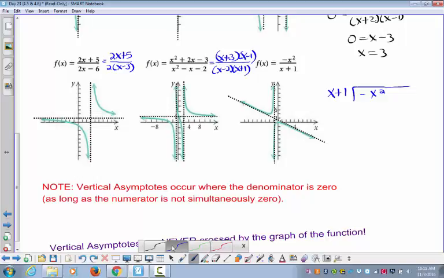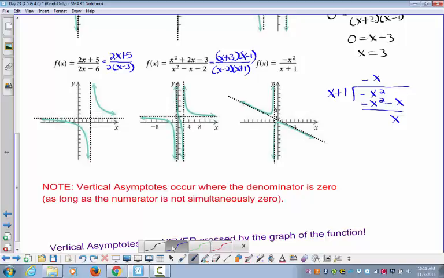What times x gives negative x squared? Negative x, so that's negative x squared minus x. And now we have to remember that we're subtracting. This minus this is 0, and then up here we have a placeholder of 0x, and we're subtracting negative x, so we get plus x.